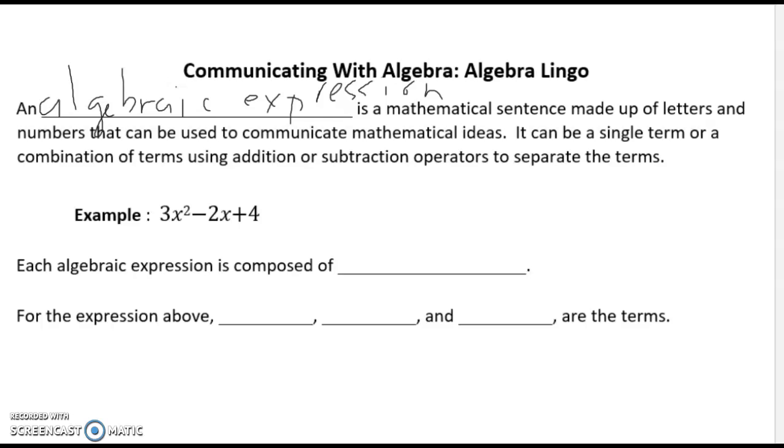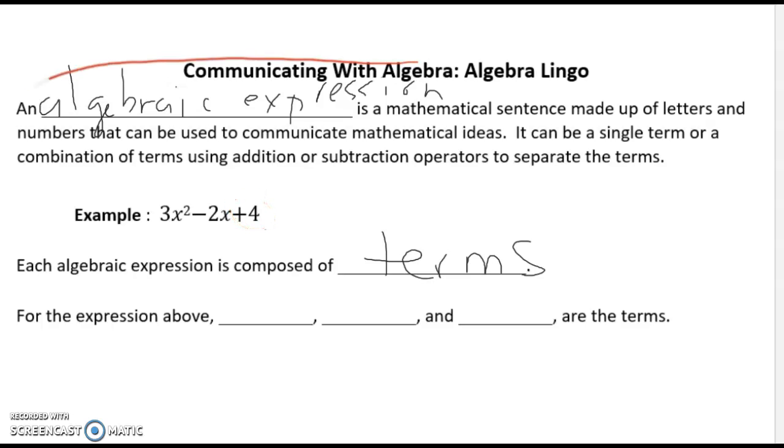So example here, 3x squared minus 2x plus 4. So each algebraic expression is composed of terms, T-E-R-M-S. Okay, and if we look up here, we have 3x squared, we have a negative 2x, and we have a positive 4.